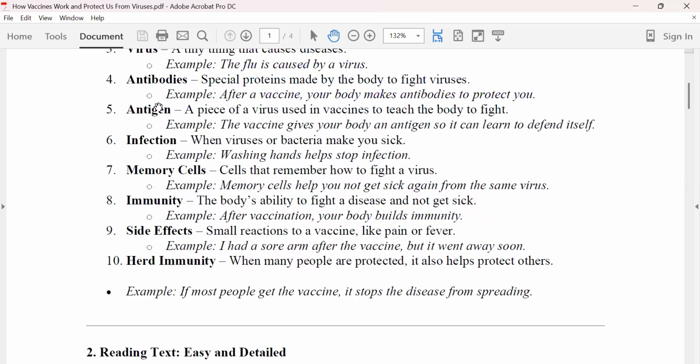Because when we get a vaccination, the antigen goes into the body, and our body makes antibodies, right? Yeah. What about you, Kalina? Protect. What do you think?